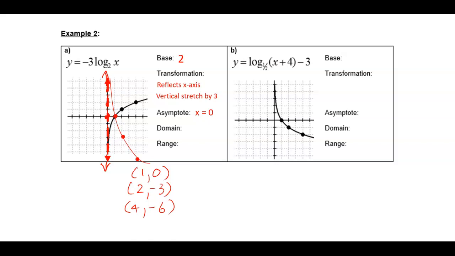So since domain is x, go and write x for your domain, okay? Would you say that it is greater or less than if it's going to the right? Horizontally, to the right is greater, okay? So we can say x is greater than, what number is this again? 0, okay? X is greater than 0.